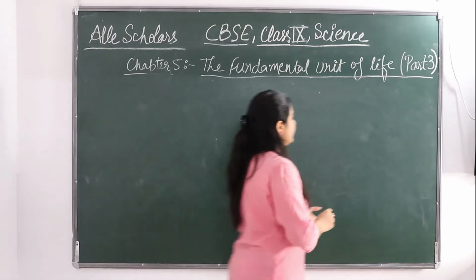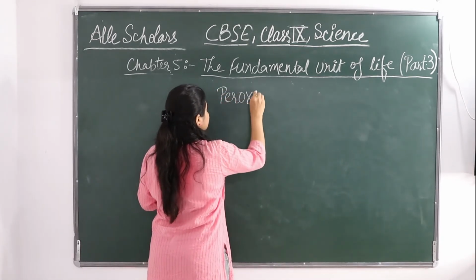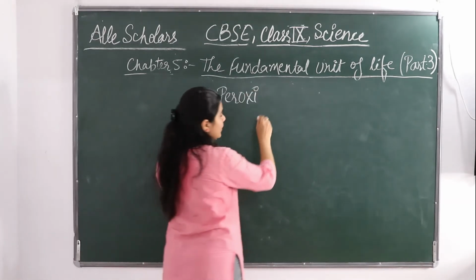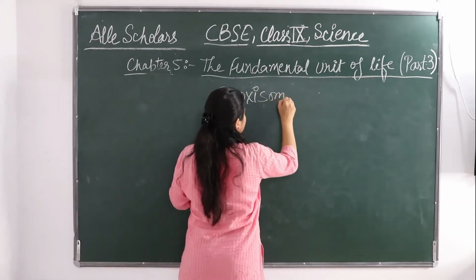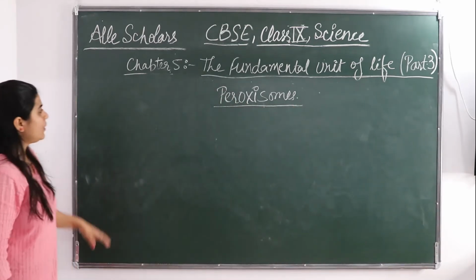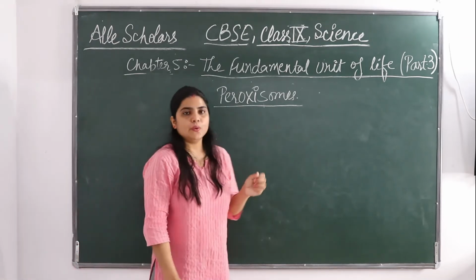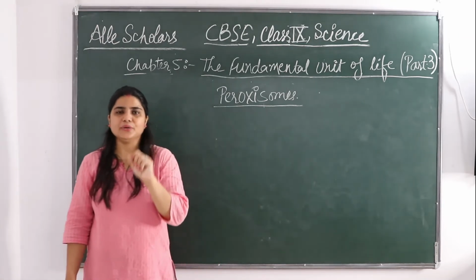Peroxisomes are also cell organelles. A peroxisome is a small vesicle found in the cell, very small, minute.